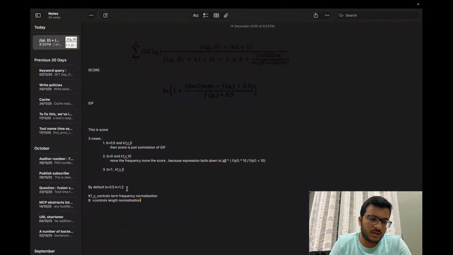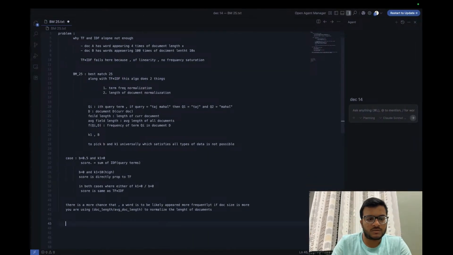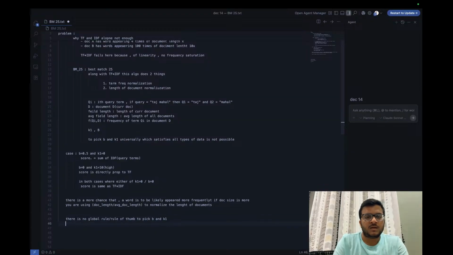So there is no global rule or rule of thumb to pick b and k1, because you see how the things might change.